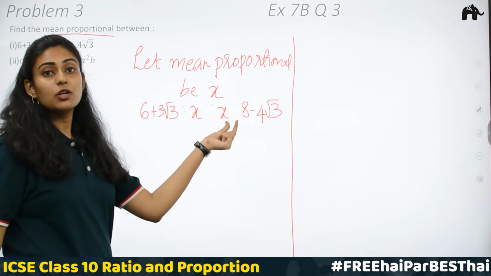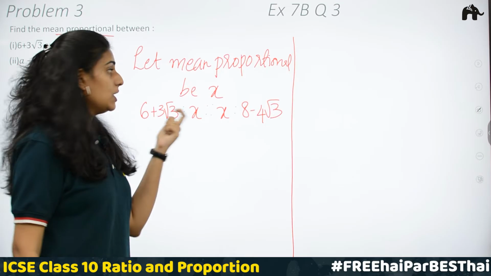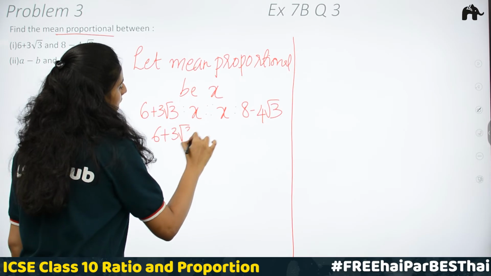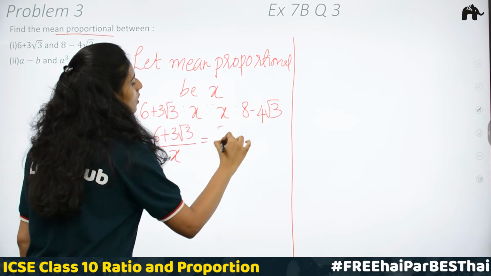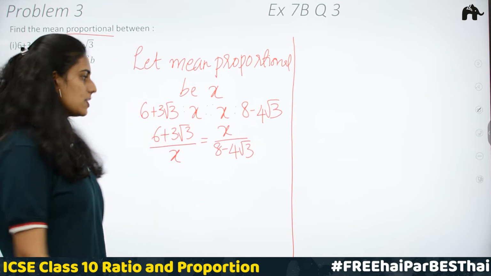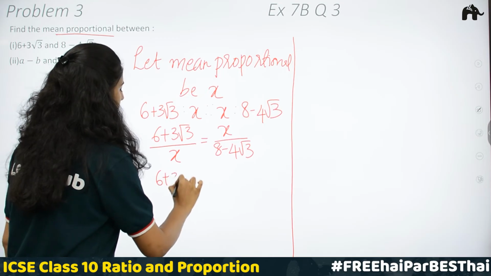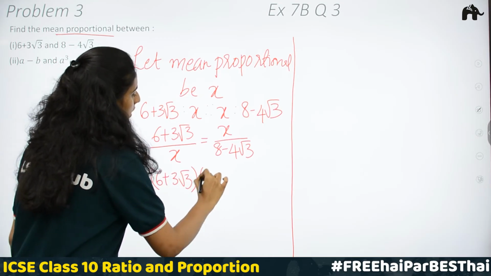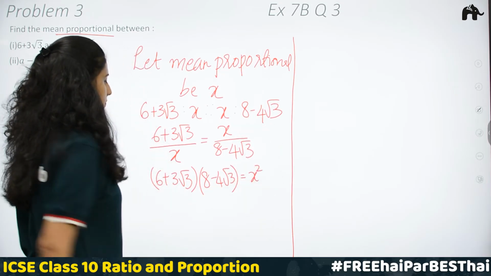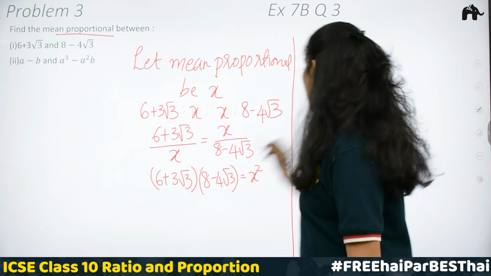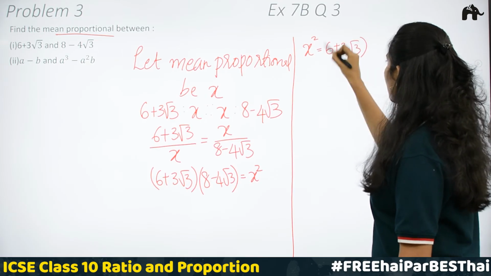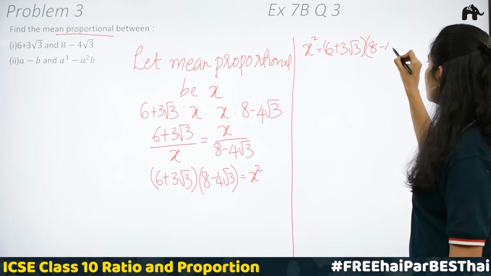Here we have x 2 times because this is a mean proportional. That is, 6 plus 3 root 3 divided by x is equal to x by 8 minus 4 root 3. Next step, cross multiplying: 6 plus 3 root 3 into 8 minus 4 root 3 is equal to x square.